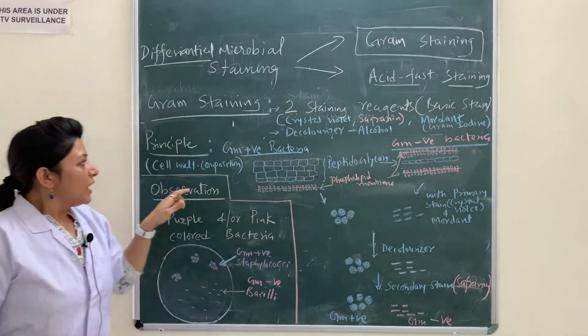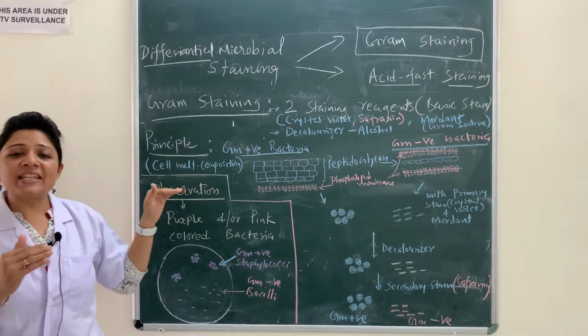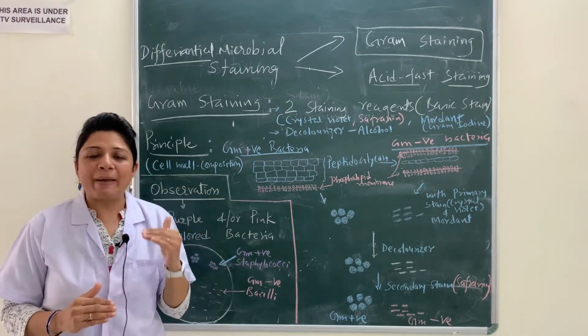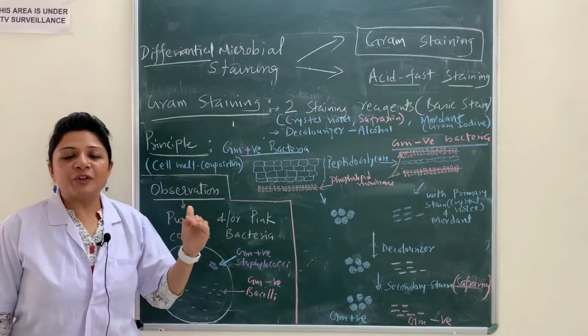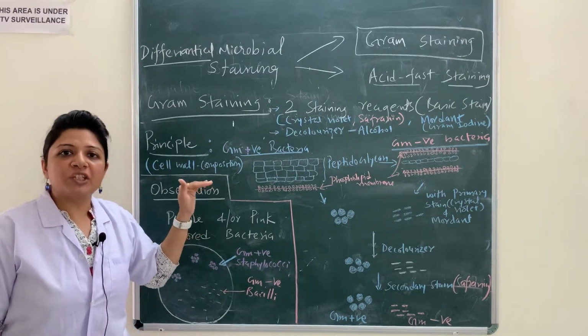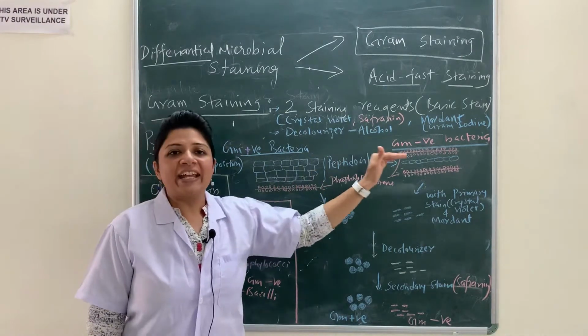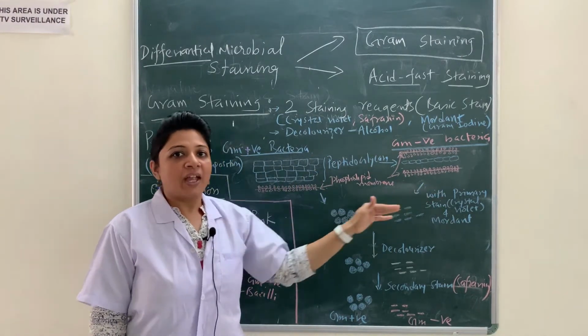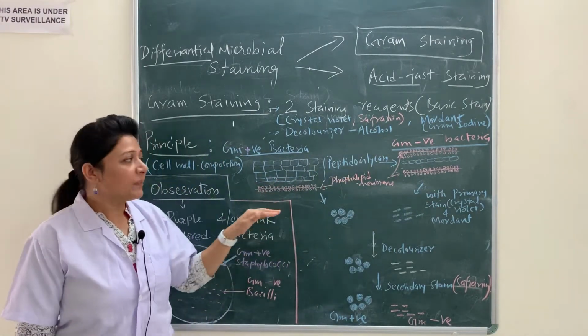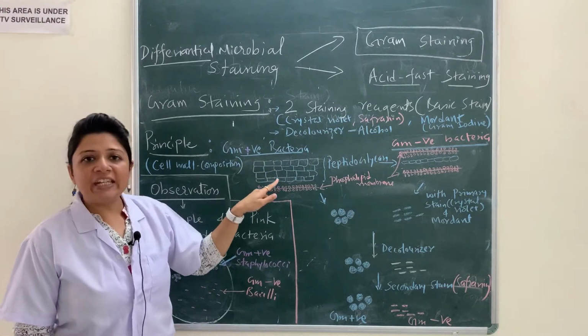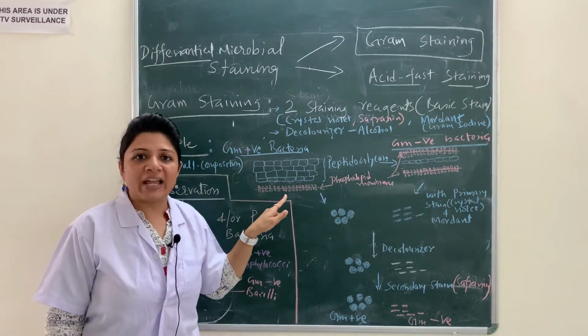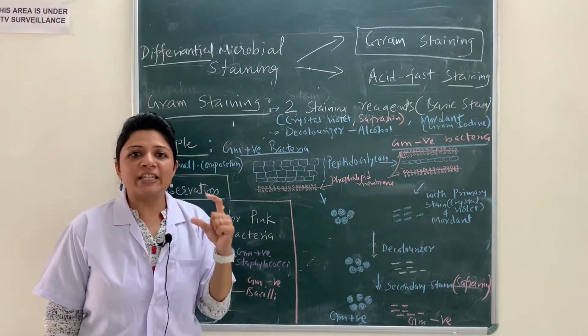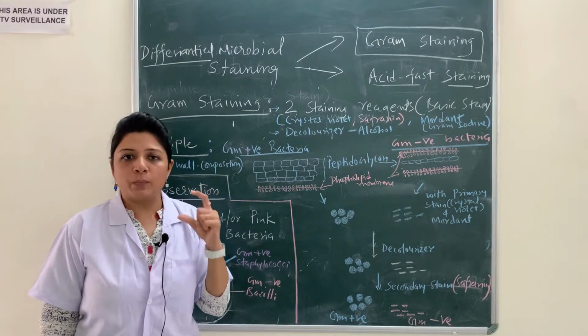The basic principle depends upon the difference in the cell wall composition of gram positive and gram negative bacteria. As you can see in the diagram, gram positive bacteria have many layers of peptidoglycan, due to which the thickness of the cell wall is more.